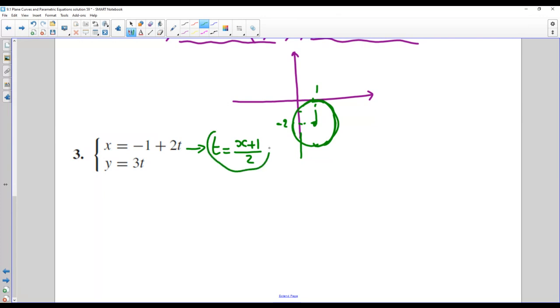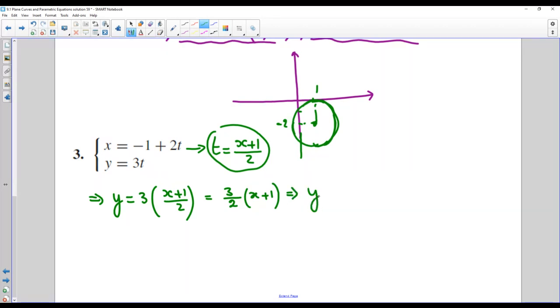And then we substitute this into the second equation. So we get y equal 3 times x plus 1 over 2. So it's going to be 3 over 2 times x plus 1. So we get y equal 3 over 2x plus 3 over 2 as the xy equation.